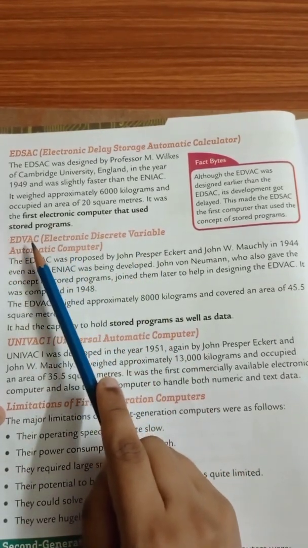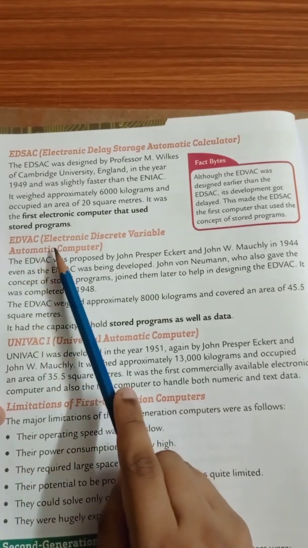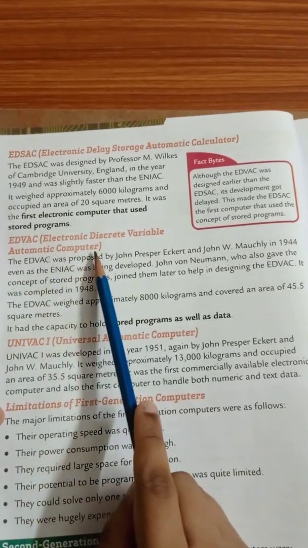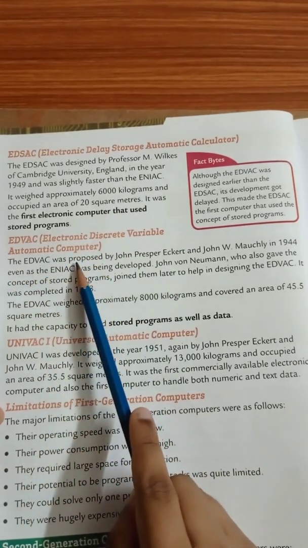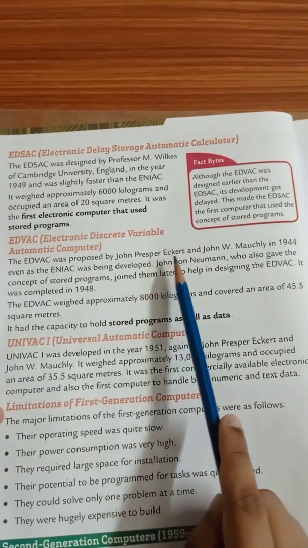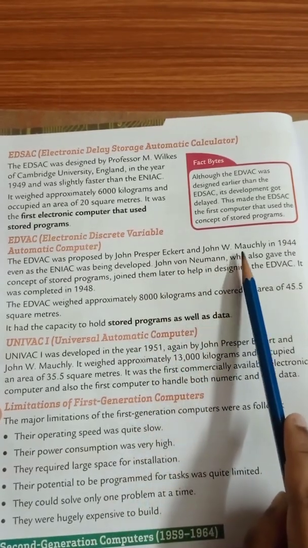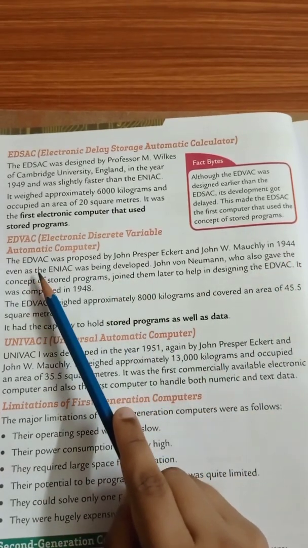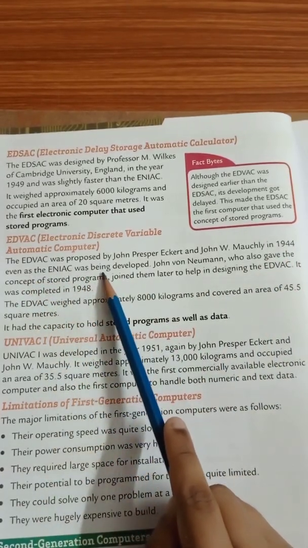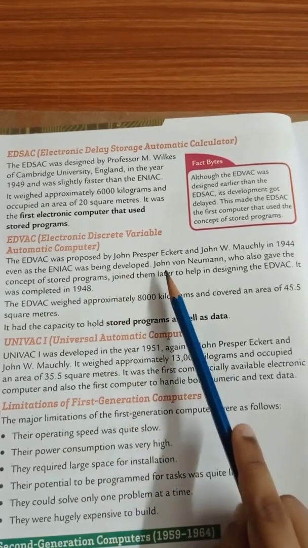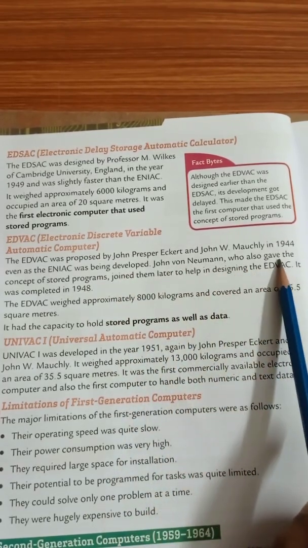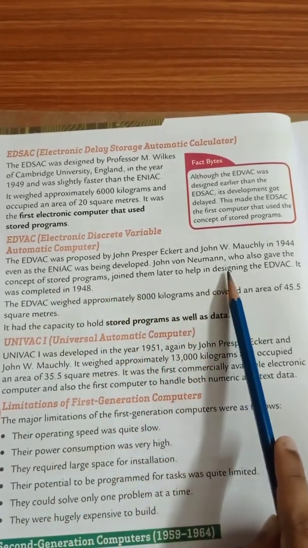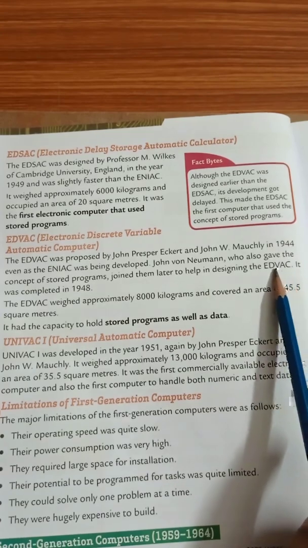Next is EDVAC. The full form of EDVAC is Electronic Discrete Variable Automatic Computer. The EDVAC was proposed by John Presper Eckert and John W. Mauchly in 1944. Even as ENIAC was being developed, John von Neumann, who also gave the concept of stored program, joined them later to help in designing EDVAC.